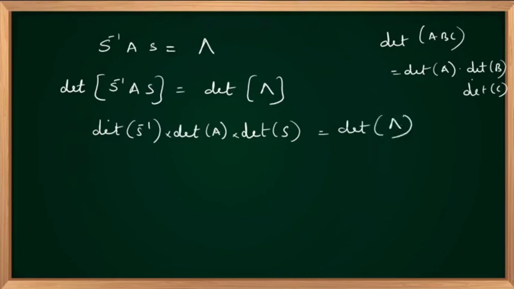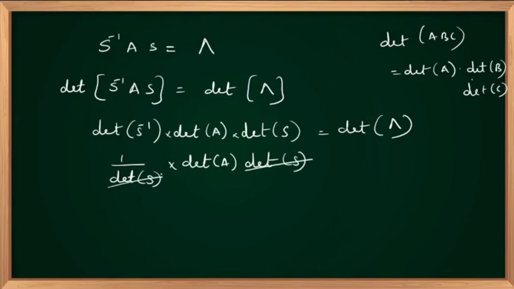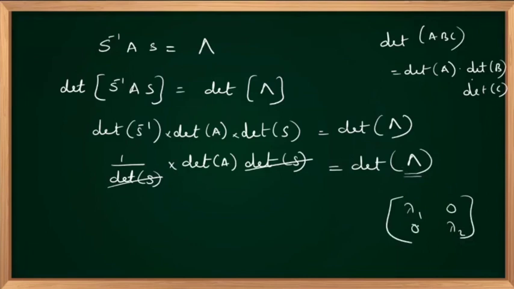So what is determinant of S inverse? We have seen that property: for A to the power n, the determinant becomes determinant of A whole to the power n. So this is 1 by determinant of S. This is 1 by determinant of S into determinant of A into determinant of S. I can cancel out these two terms. So determinant of A will be equal to determinant of this lambda. And this lambda is a matrix which has diagonal elements only, which are eigenvalues.